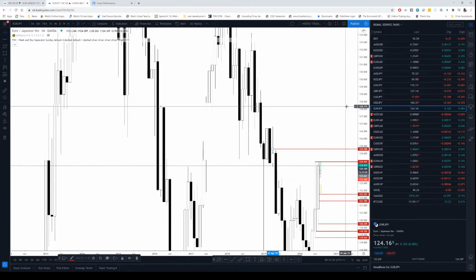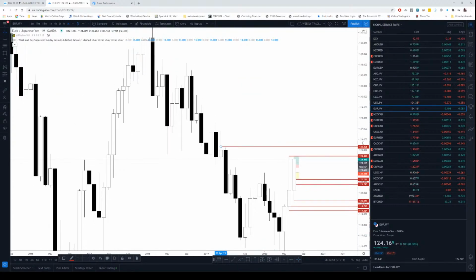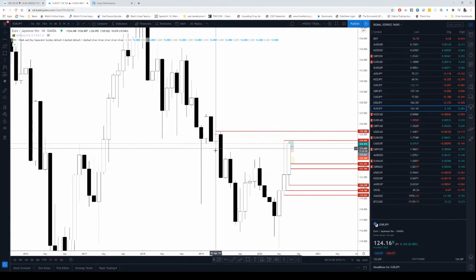On the monthly, we traded to an interesting candle here. This last up candle is interesting. We got there and then rejected, and it's coming back up again. Maybe the main threshold of this candle.